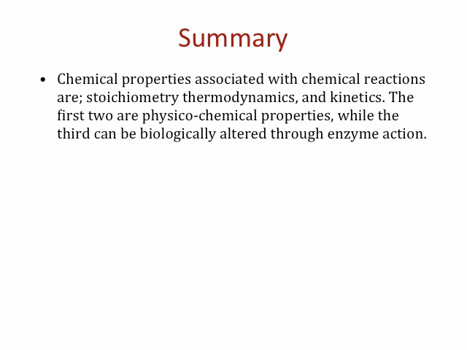So this is the end of the lecture, and there are a few summary bullet points to cover. First, we are simulating chemical reactions, and the key properties associated with chemical reactions are stoichiometry, thermodynamics, and kinetics. The first two of these properties are physical-chemical properties, while the third is biological.